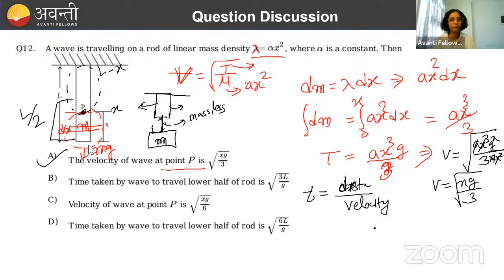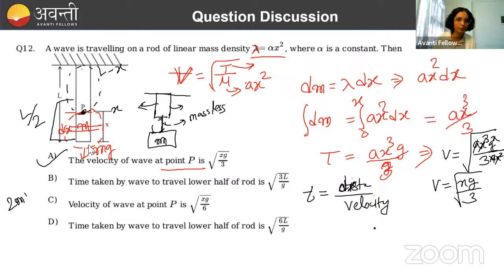So just calculate it now. Anyone do it? चलो solve करते हैं, ठीक है? मैं तो कर रही हूँ, but you should now solve it. Time taken by wave to travel the lower half of the rod. Calculate करके बताओ कितना आ रहा है. Yes, I'm waiting for 2 minutes.